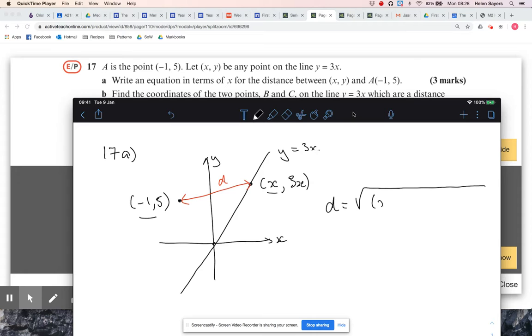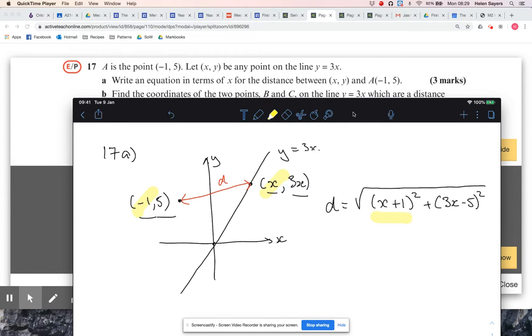So that's going to be x minus -1, so x plus 1, all squared. And then the difference between your two y coordinates, so 3x minus 5. Just to clarify, the reason that's x plus 1 is because it's x minus -1.